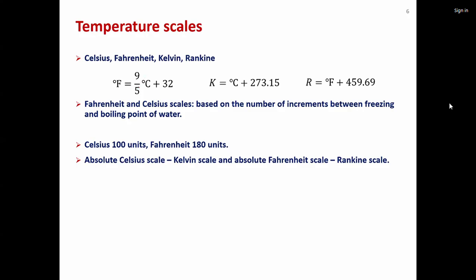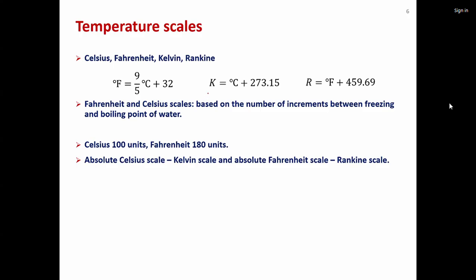So Fahrenheit and centigrade can be related. Typically, degree Fahrenheit is 9/5 times degree centigrade plus 32. Similarly, Kelvin and degree centigrade are related.